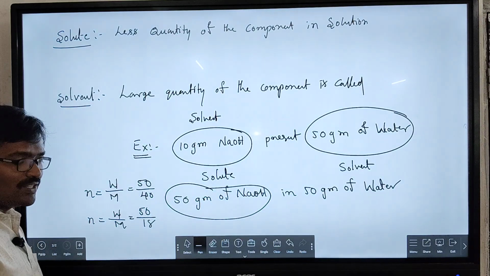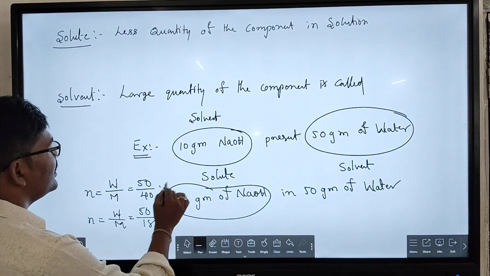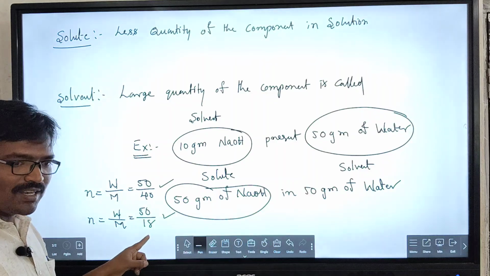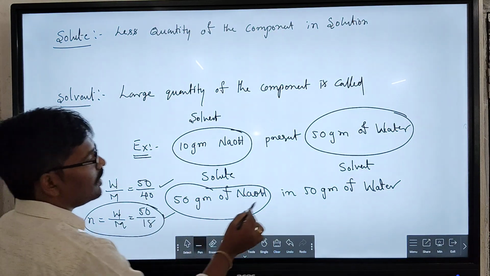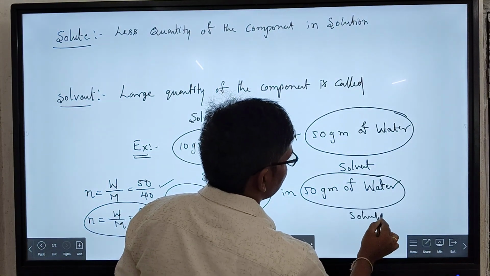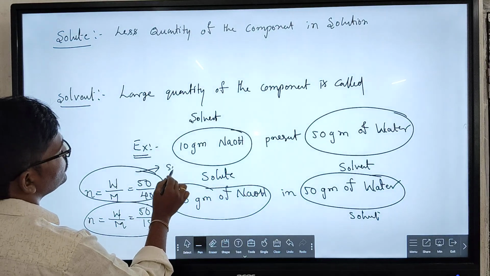Then the NaOH is the less quantity, and this one is more quantity because the denominator is less. So water is the more quantity, it is the solvent. The less quantity is the solute.